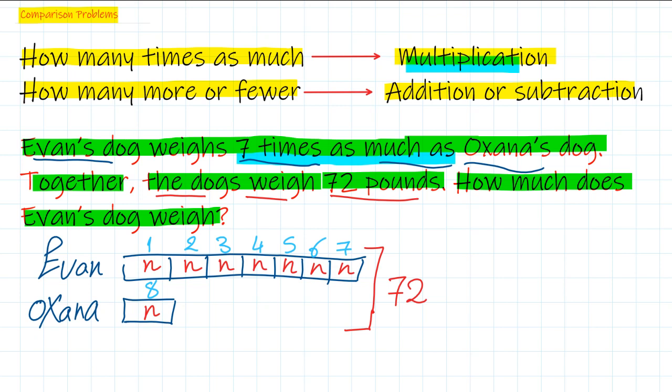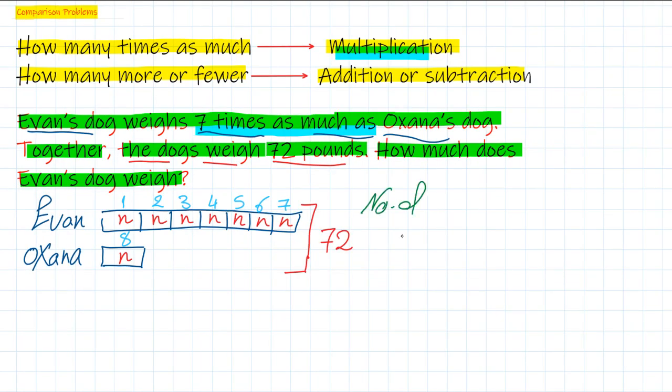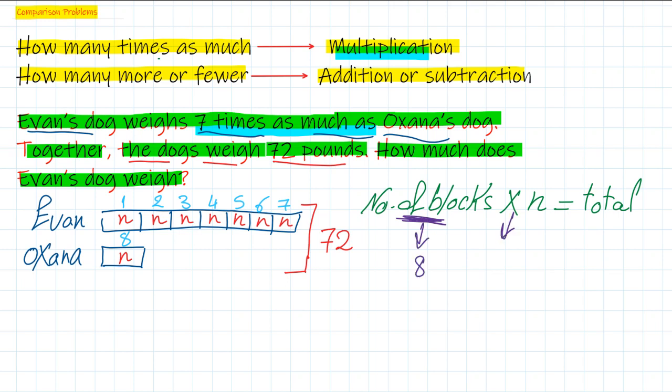To find the value of n, let's make an equation here. Our equation is number of blocks times n equals the total. The total number of blocks here is 8, right? So write 8, put the multiplication sign and then n, and the total is 72.